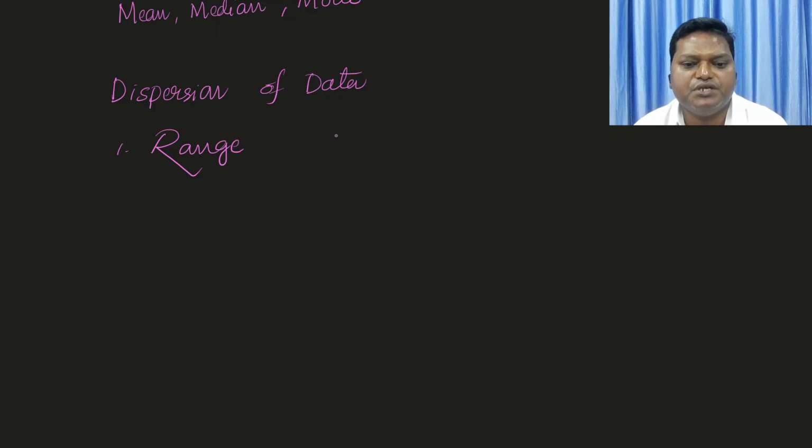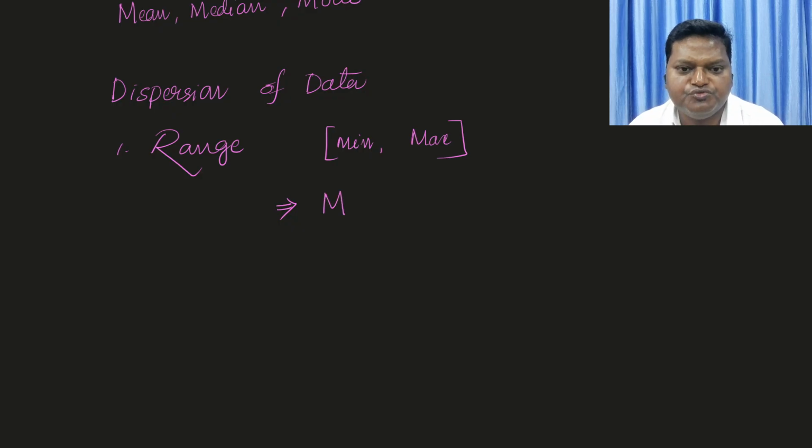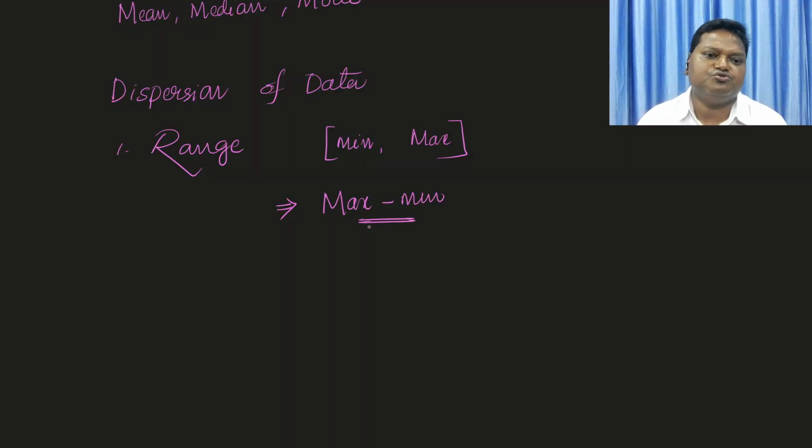Range is very simple: the minimum value and the maximum value. When you specify these two, this is the range, and we can calculate that value as max minus min. So range will tell you the maximum value and the minimum value.